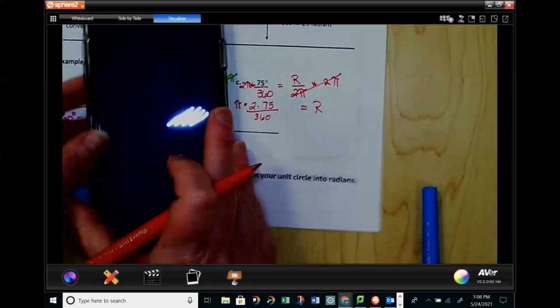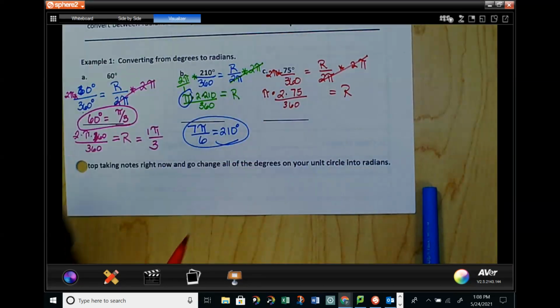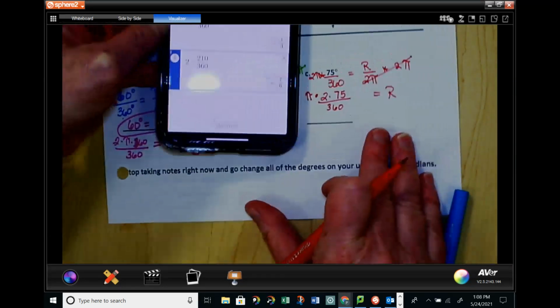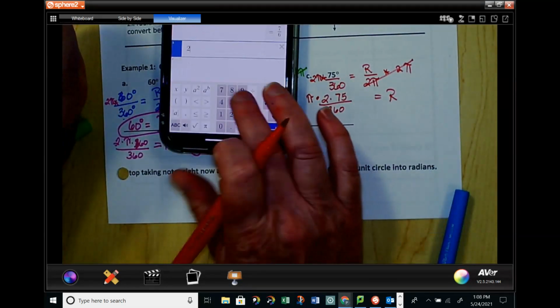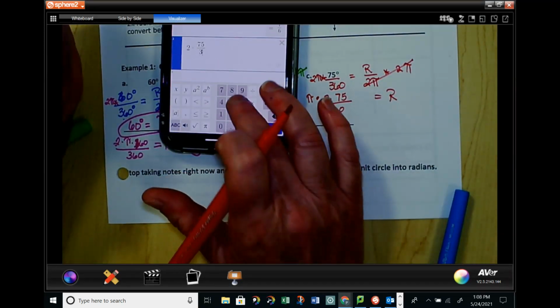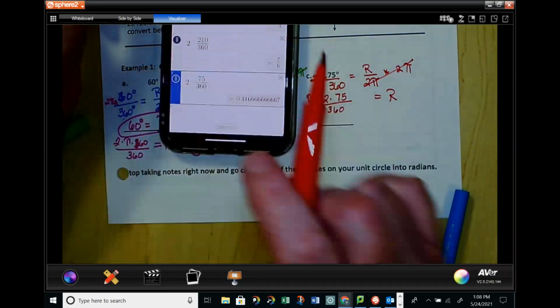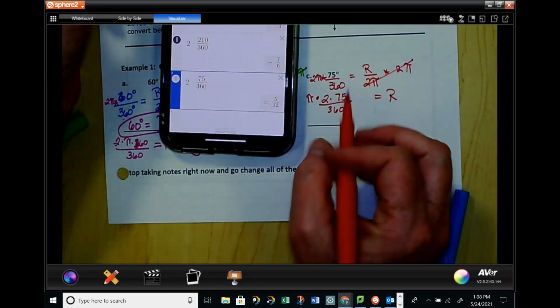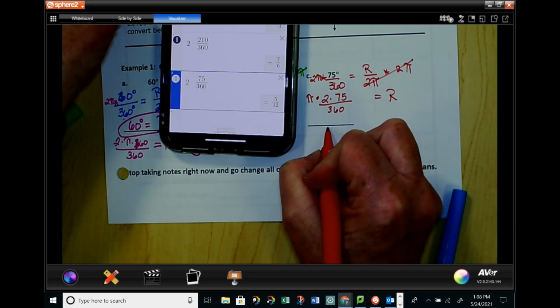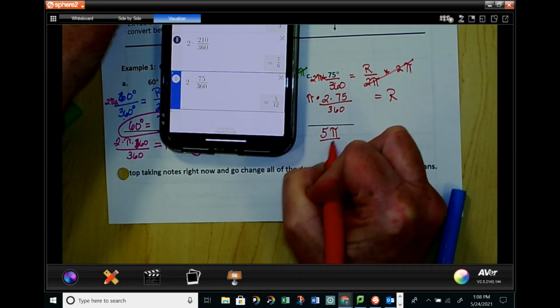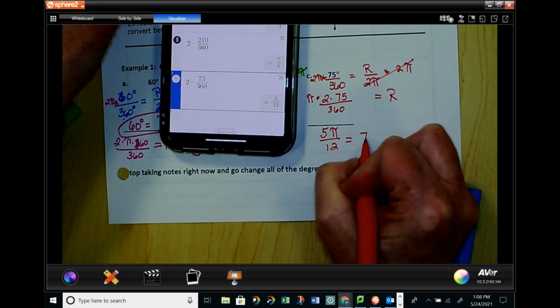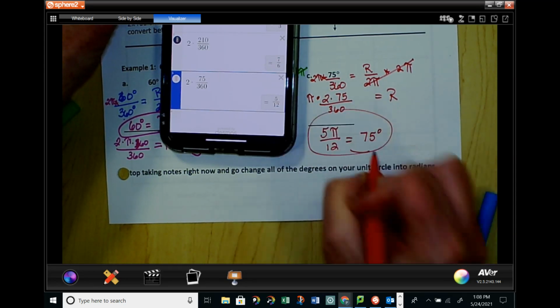Again, use my Desmos friend. So 2 times 75 divided by 360, you have some sort of decimal. Hit my fraction bar, and you get 5/12. So 5 pi over 12 is equal to 75 degrees.